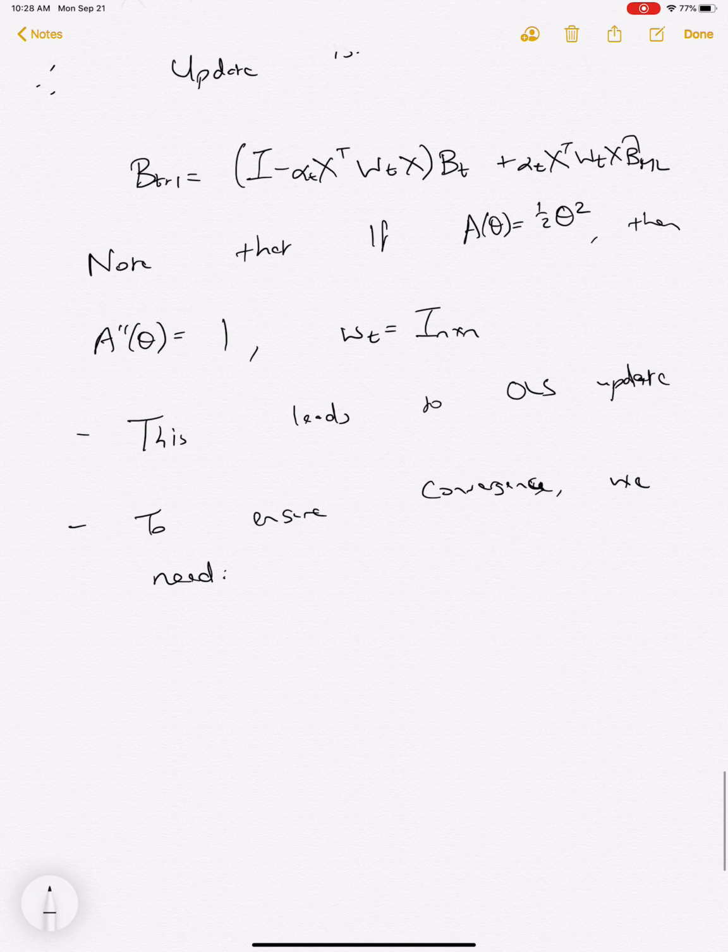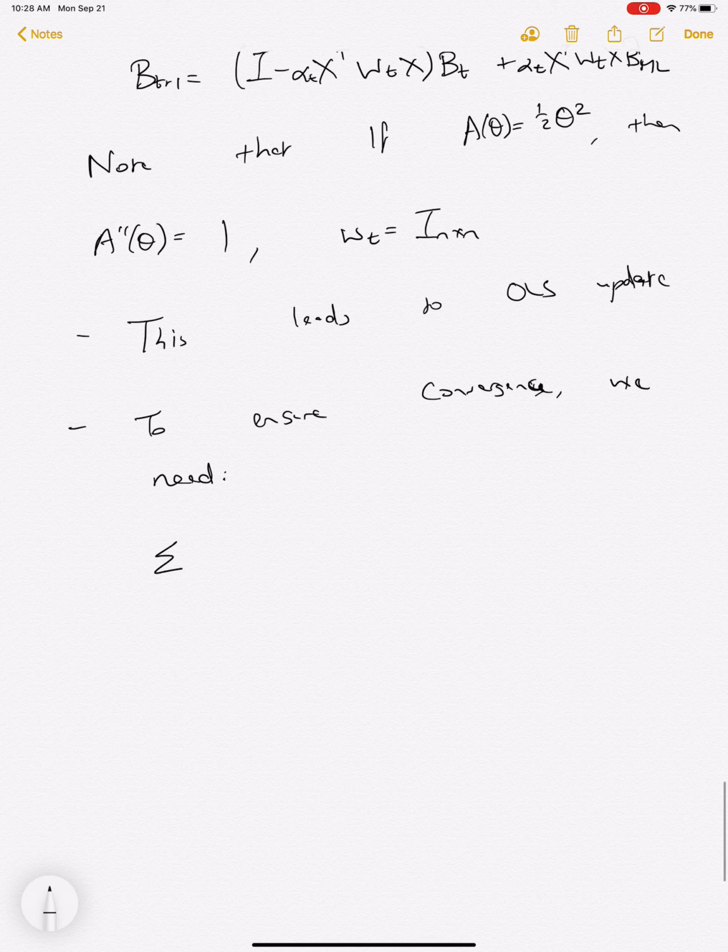So what we need is, we again need that the sum of the step sizes goes to infinity, as we did for the OLS case.